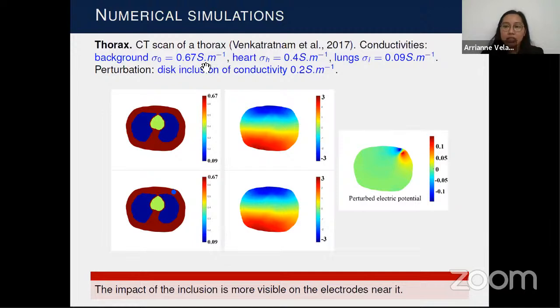This is the conductivity of the blood, and the heart's conductivity is given by 0.4 Siemens per meter, and the lungs have 0.09. Again, another disk inclusion, and we observe the same result as that of the homogeneous case. A significant change around the perturbation and at the electrodes near the perturbation.